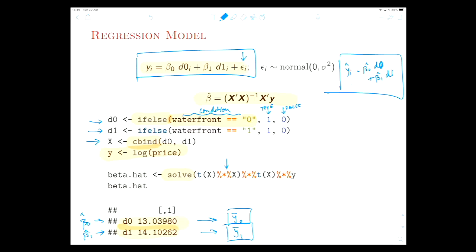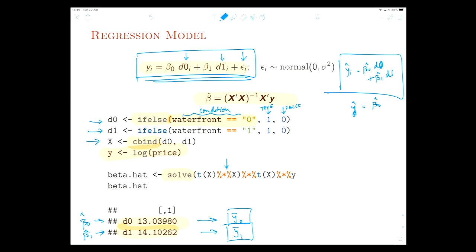Looking at our model here at the top, if you have a non-waterfront property, which would mean that D0 takes on the value 1 and D1 takes on the value 0, your fitted model essentially is y hat equal to beta 0 hat, because D0 is 1 and D1 is 0 for a non-waterfront house.